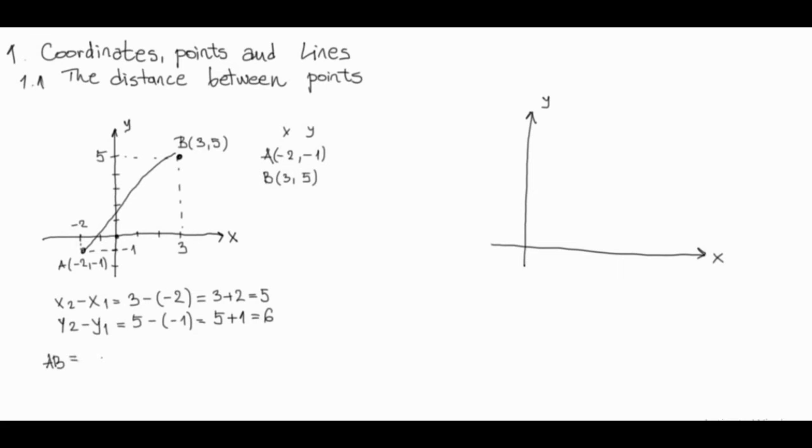From that we can find that the length of AB is 3 minus minus 2, it all squared, plus 5 minus minus 1, we square that also, and put it under the square root.